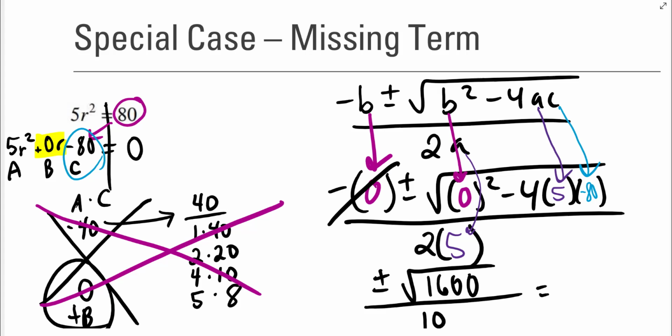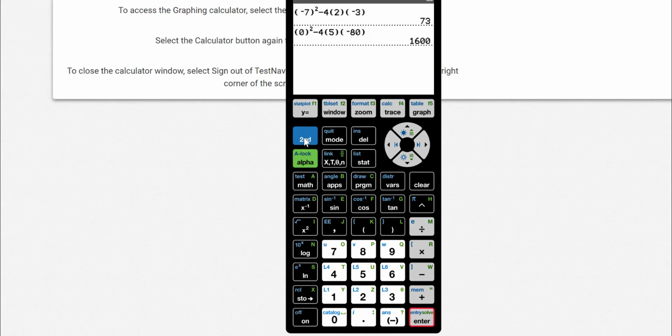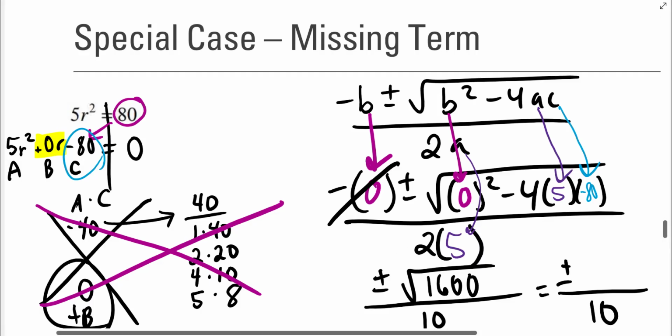Okay, so now let's simplify. It's going to be plus or minus, and let's check the square root. So we're going to do second, the square root is down here, of 1,600 is 40. So this simplifies to 40.